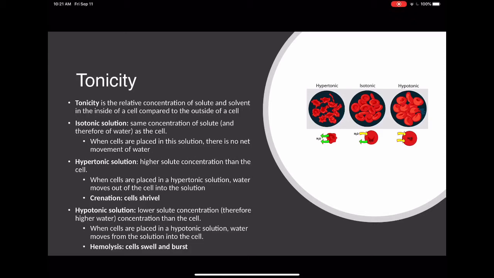And because the plasma membrane has elasticity, but there is a breaking point, these cells can sometimes burst. This is called hemolysis, where the cells will swell and burst. If you look at the hypotonic solution, you could see the cells are looking very puffy, and some of them are actually bursting, which is not good. We need red blood cells.